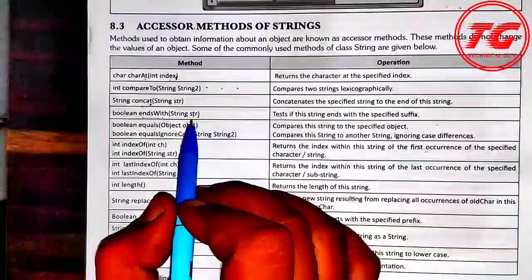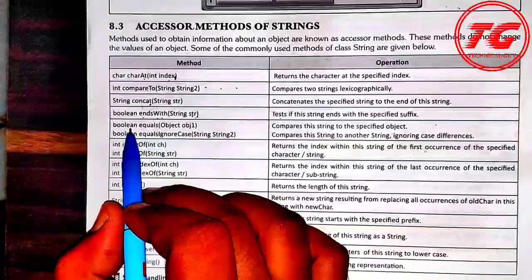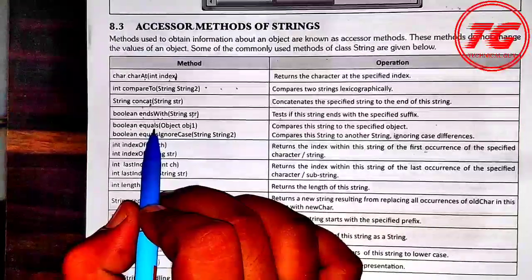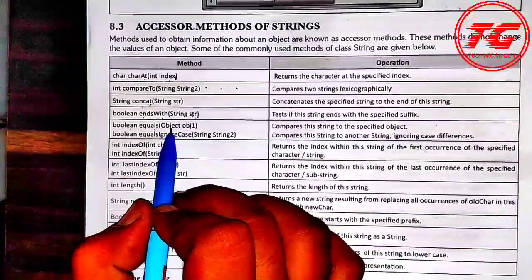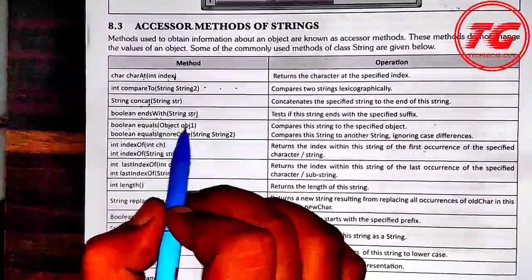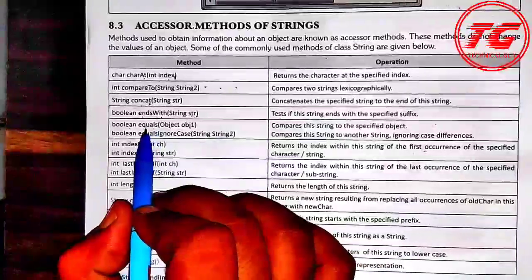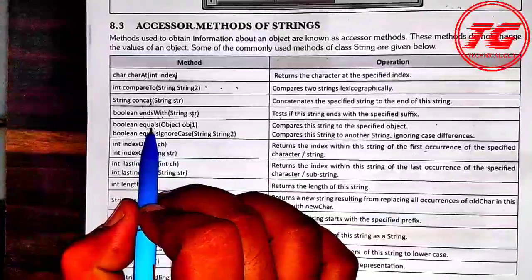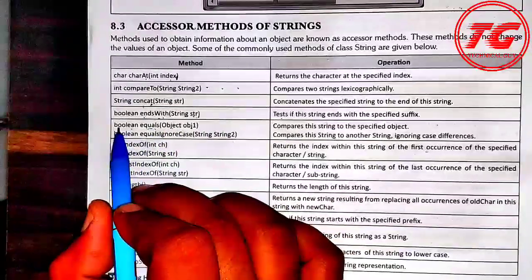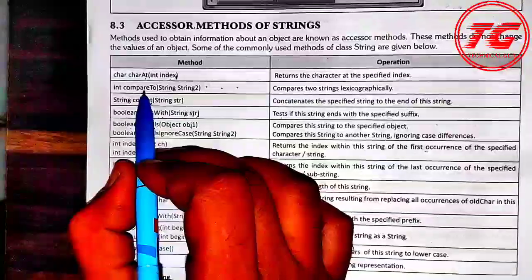Then we have the Boolean type. Boolean means true or false. An equals method. Here we have the object, that is object 1. This is the string object, and this method will compare the strings, and it will return true or false. For comparison we did the compareTo method.